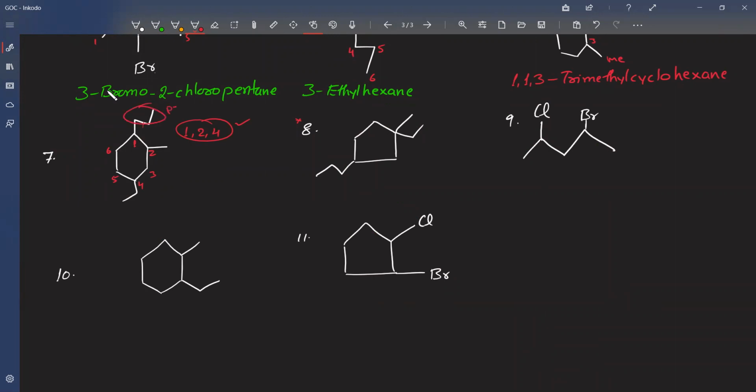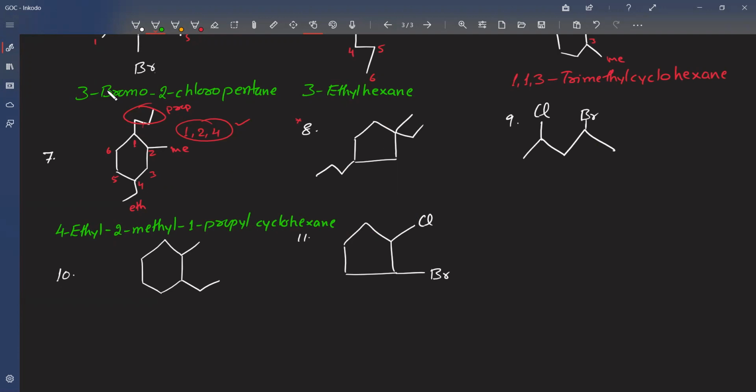So this is propyl, this is methyl, and this is ethyl. Now, while writing, you have to write in alphabetical order. So 4 ethyl, after that comes methyl, so 2 methyl, after that comes propyl, so 1 propyl cyclohexane. Yes, so that is correct.